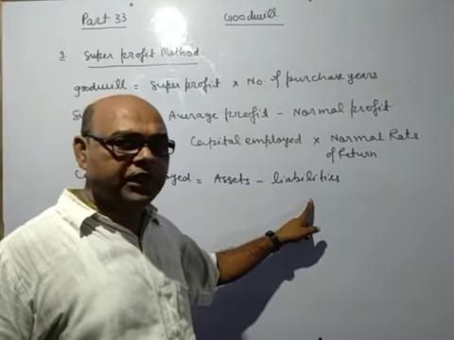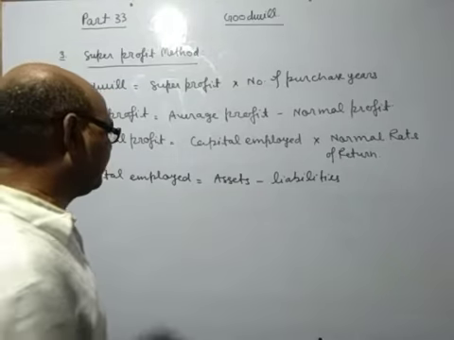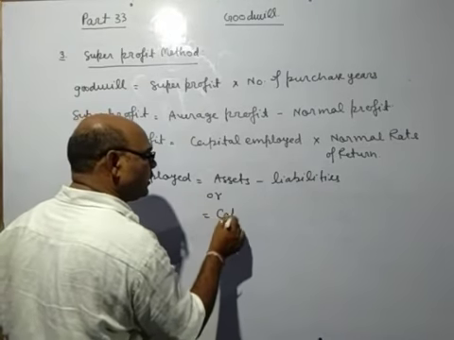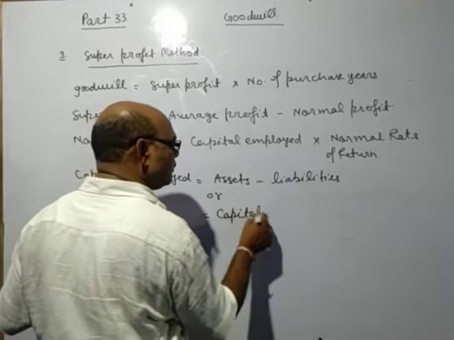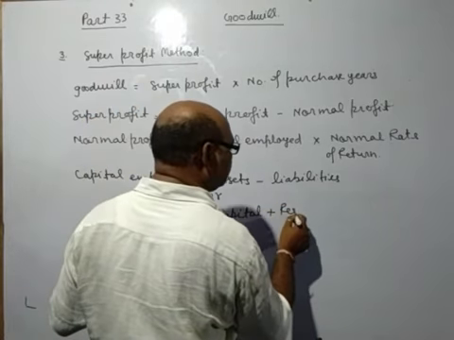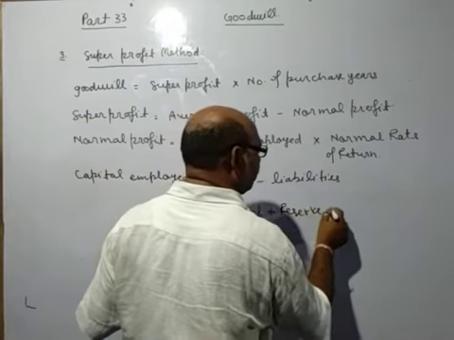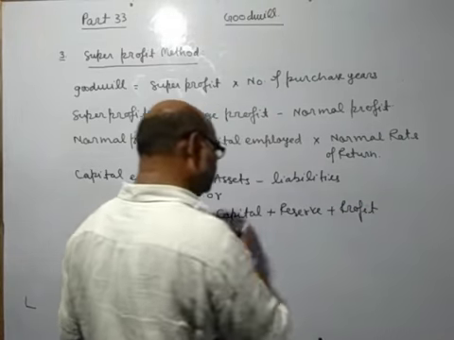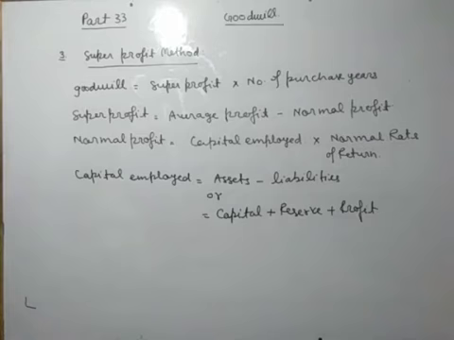So from the liability side, we can say capital employed equals capital plus reserve plus profit. This will also give the capital employed.